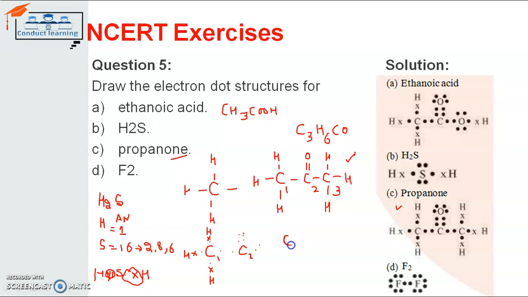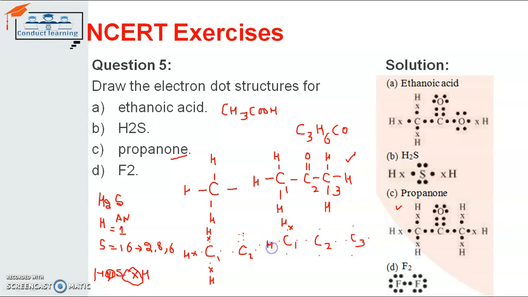For C1, C2, C3, I will first write down their valence electrons by dots: 1, 2, 3 and 4, 1, 2, 3 and 4. Every carbon atom has 4 valence electrons. This hydrogen first will share its electron, represented by a cross, with C1.